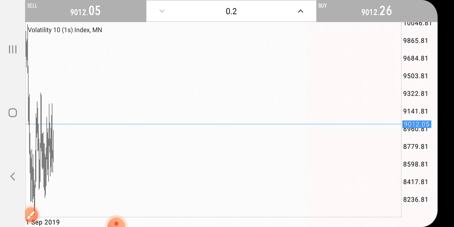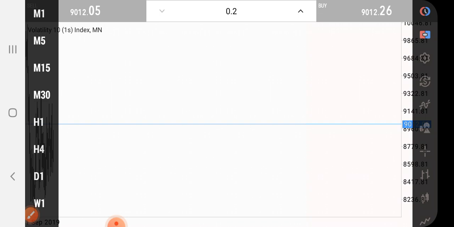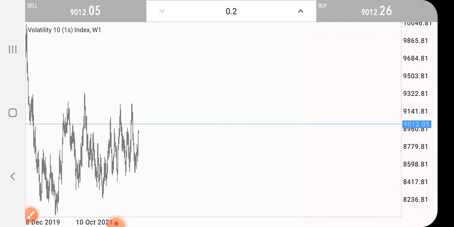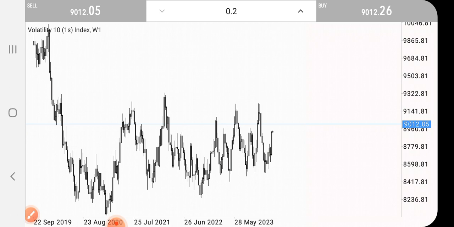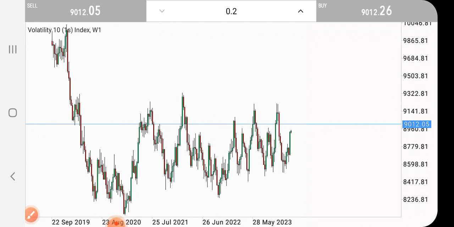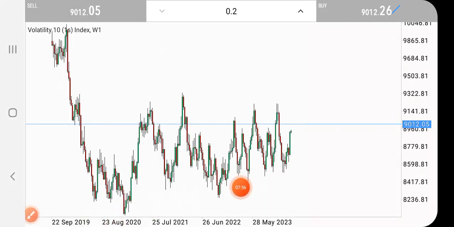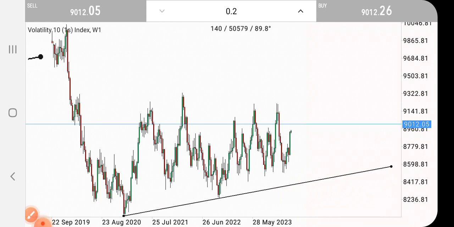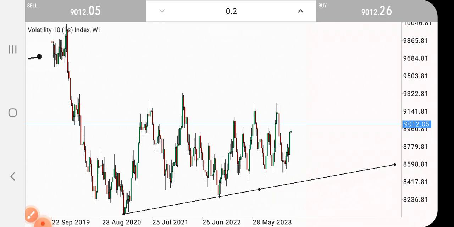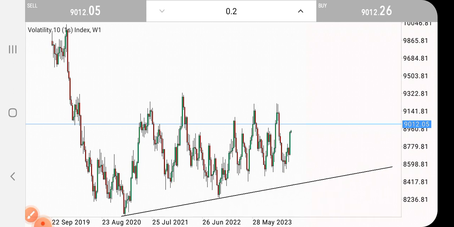So here, let me move to a weekly time frame. In the weekly time frame, this is what we have. We are going to draw our trend lines like this. Let me move this. This is our trend line. We join these points.